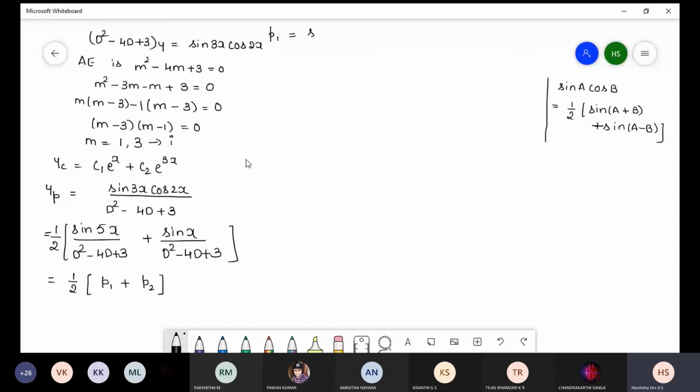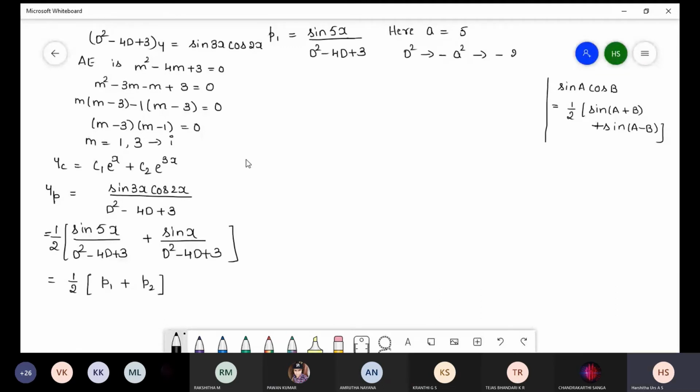P1 is sin 5x divided by D square minus 4D plus 3. So here, what is our a value? 5, ma'am. Yes, 5. Then D square should be replaced by minus a square, that means minus 5 square, which is minus 25.